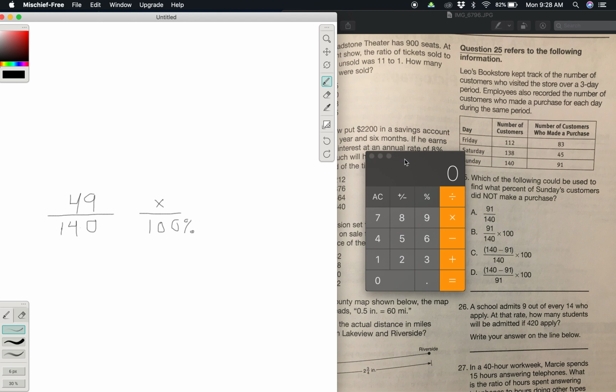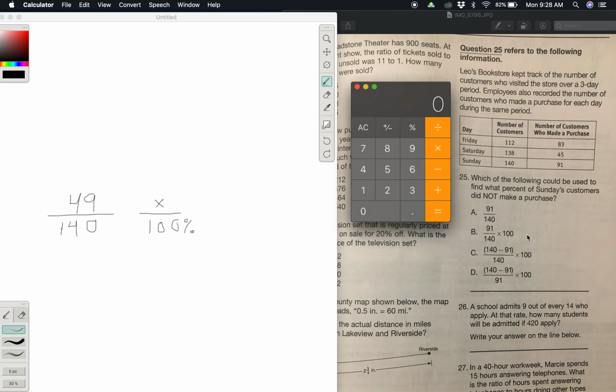And as we can see here, this one, C, is the only one that could work, because we know 140 minus 91 equals 49. Okay, so 49 times 100 divided by 140 would get the correct answer.